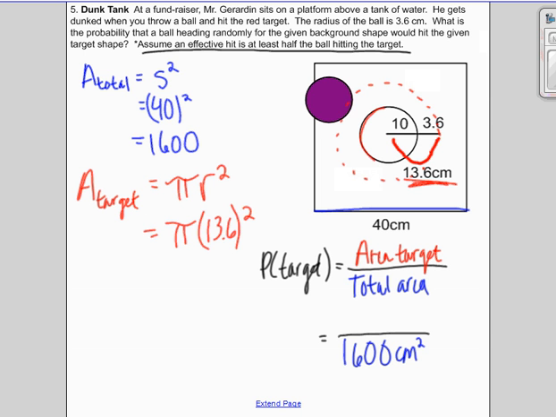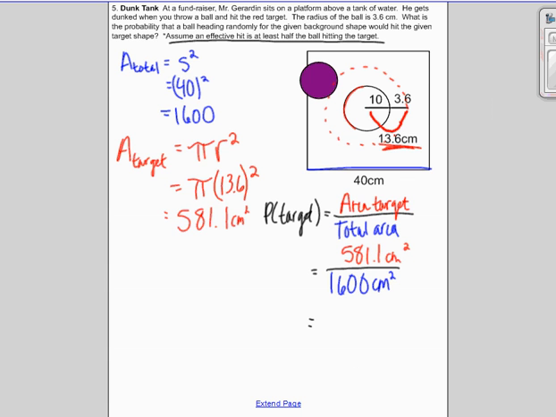So when I do 13.6 squared and then times pi, I get 581.1 centimeters squared. And then I'm going to type that in my calculator. And I get 0.363185 is what shows up on my calculator. So as a percent, that would be 36.3% of hitting the target.